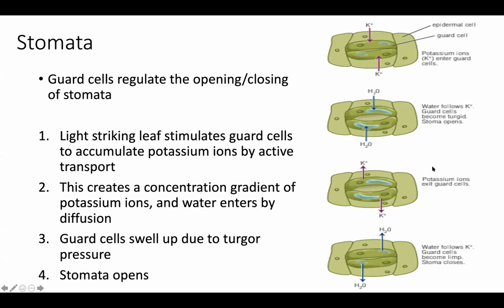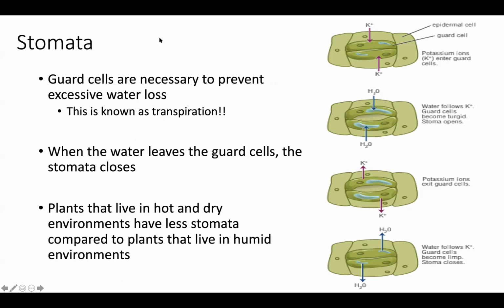Okay, so this is a cellular process. If you go into Bio 20, you will learn more in detail how these cellular processes are influenced. So just a summary of what we just talked about. Guard cells are necessary to prevent excess water loss.